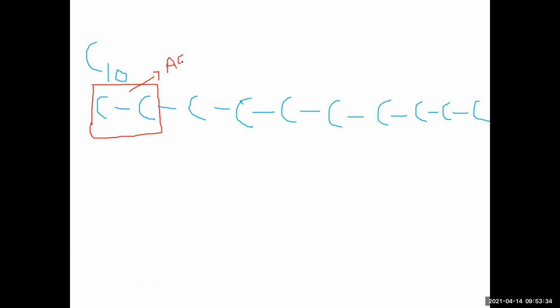Yes or no? So how many carbons will I have after round one? After round one, I will have 1, 2, 3, 4, 5, 6, 7, 8 carbons. Correct? Round one. Absolutely. You guys are intelligent.